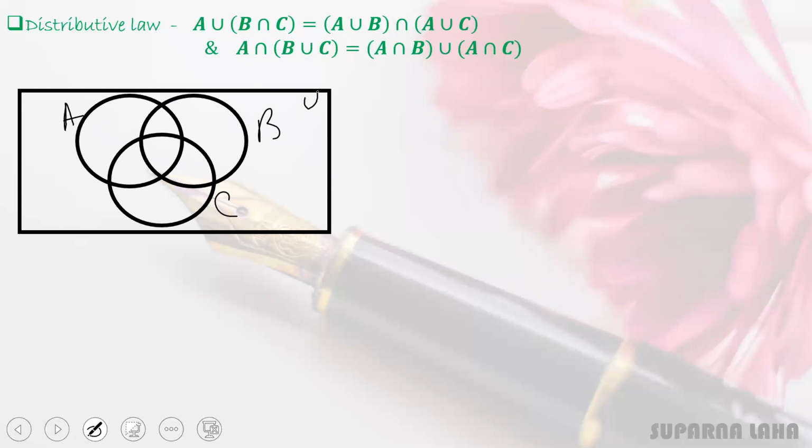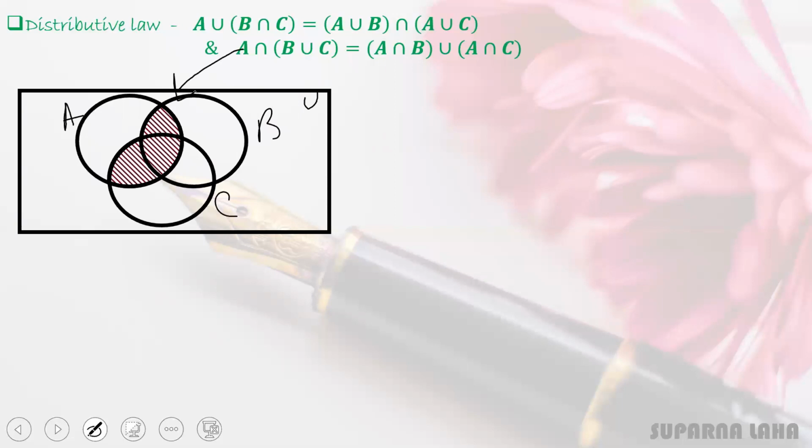So first take B union C. This is B union C. And now take intersection with A. Now check the common portion between A and the shaded portion. This portion only, right? So A intersection B union C is just represented by this portion.